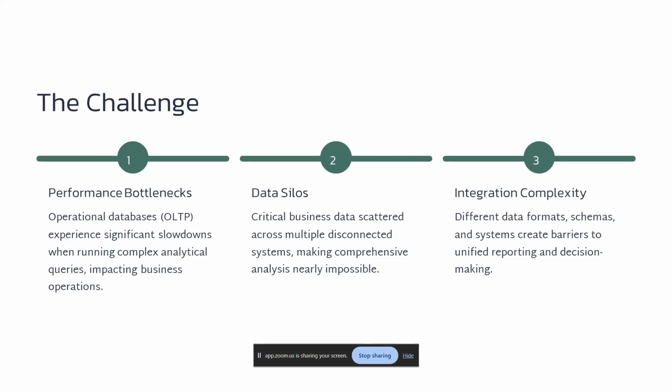Also, data silos: critical business data scattered across multiple disconnected systems, making comprehensive analysis nearly impossible. Like I said in earlier classes, if I want to analyze my particular company, I need to go and ask for the data. They won't provide it directly because the data was split into different tables.